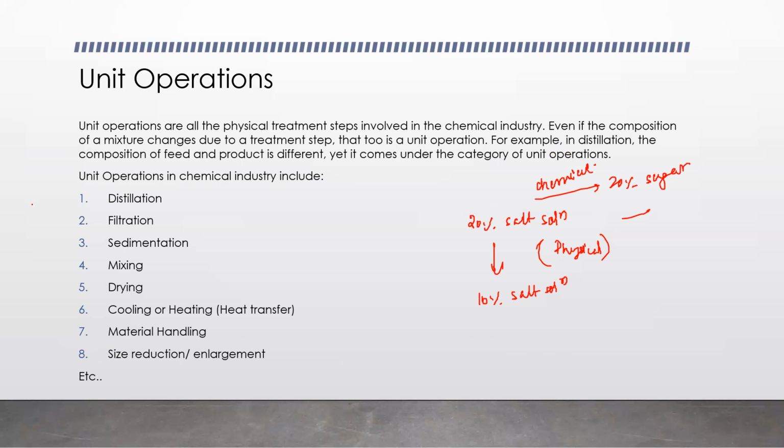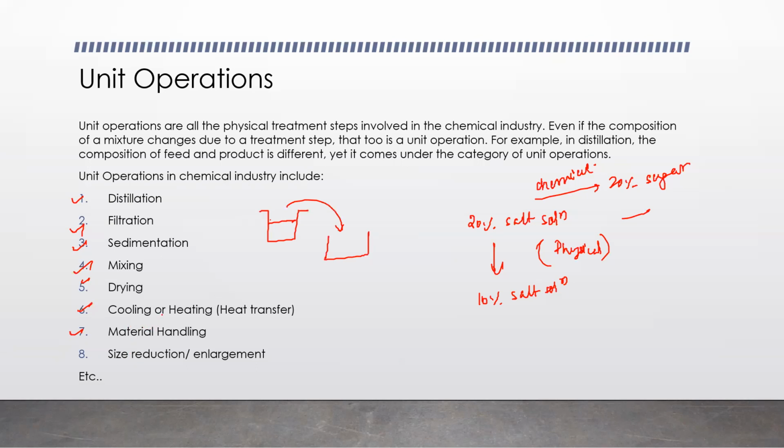Different unit operations in the chemical industry include distillation, filtration, sedimentation, mixing, drying, and cooling or heating, which comes under heat transfer. Then material handling: suppose you have something in a drum or a tank, and you need to transfer it into another tank, and you need to minimize the amount of work involved in transferring it. That comes under material handling.